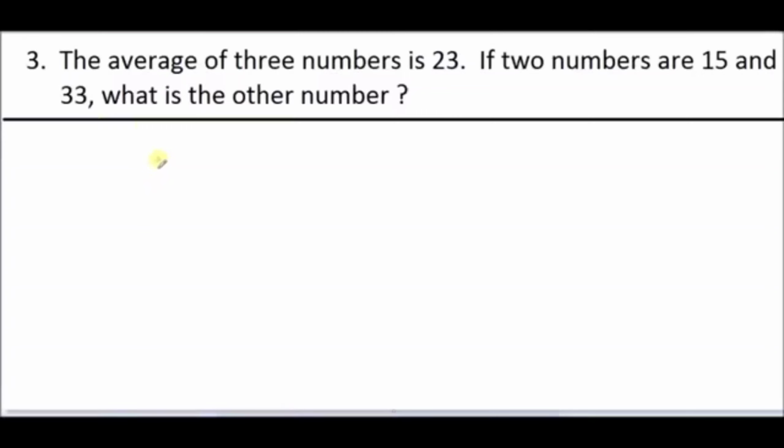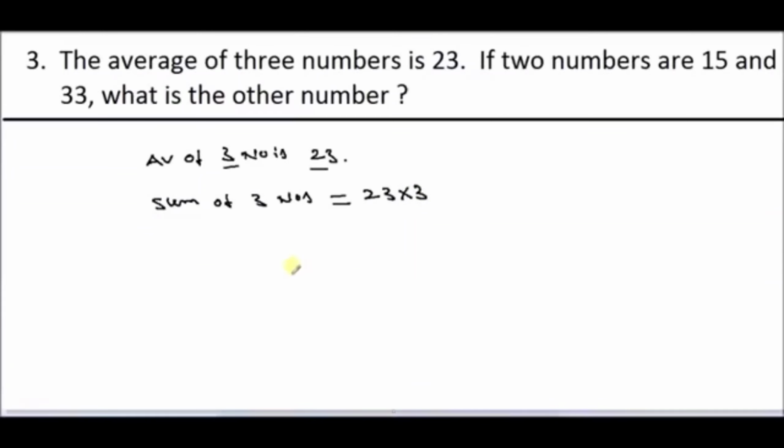Now simply, when they have given that the average of three numbers is 23, what do you mean by this? When the average of three numbers is 23, obviously we can conclude that the sum of these three numbers should be equal to 23 into 3.